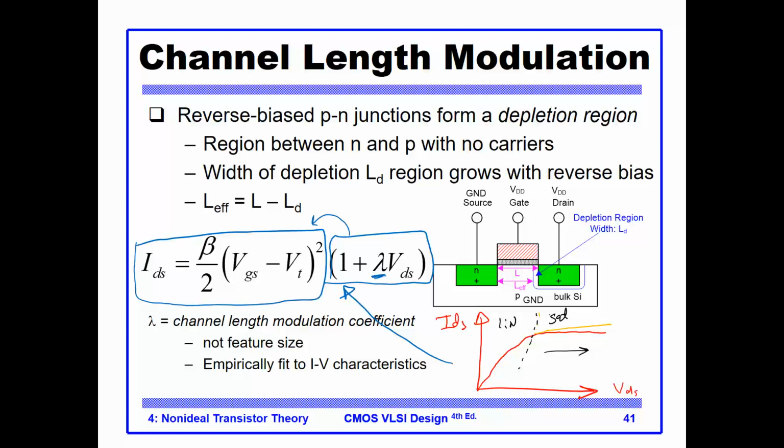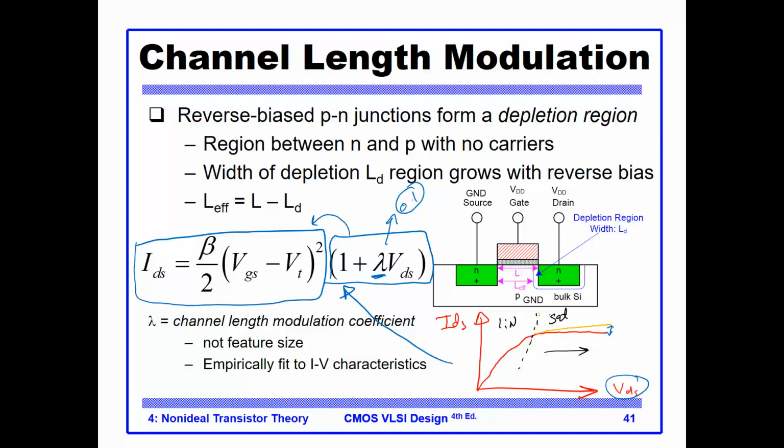It's a different lambda, very small, sometimes about 0.1 to 0.09, etc. Very small, but it gives this slight increase in current as we increase VDS.